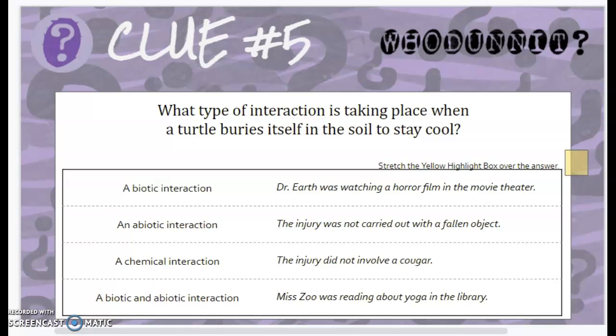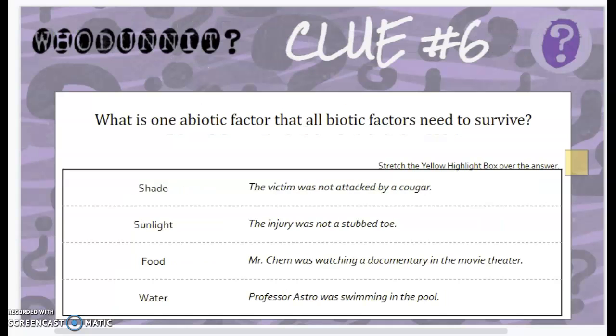What type of interaction is taking place when a turtle buries itself in the soil to stay cool? A biotic interaction, an abiotic interaction, a chemical interaction, or a biotic and abiotic interaction. What is one abiotic factor that all biotic factors need to survive? Shade, sunlight, food, water.